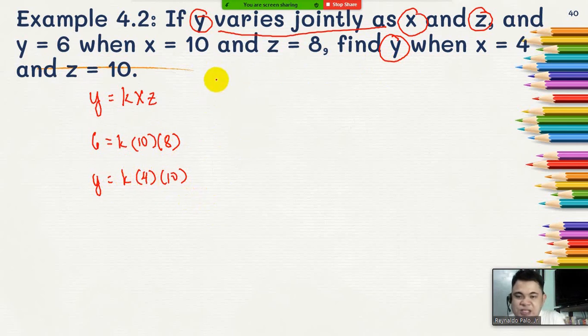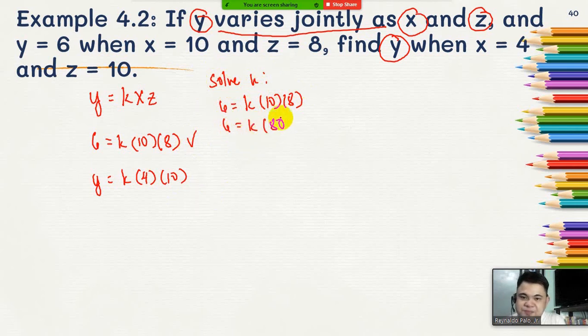Alright, next, same thing. We will be solving first for the value of k using the first equation. 6 is equal to k times 10 times 8. Then the next thing is all we need to do is to simplify. 10 times 8 is equal to 80. Next, divide both sides by 80. So this will become 1. 80 divided by 80 is 1.